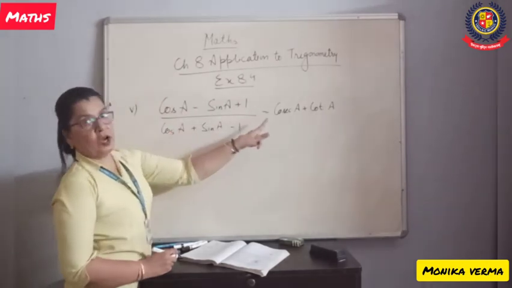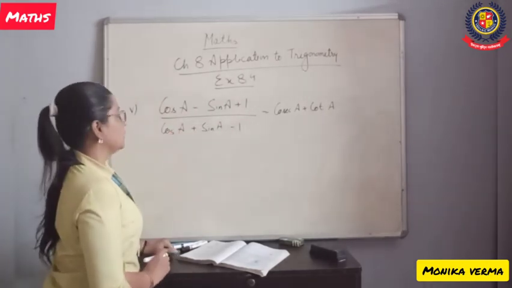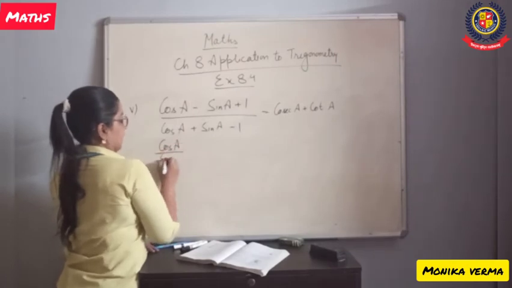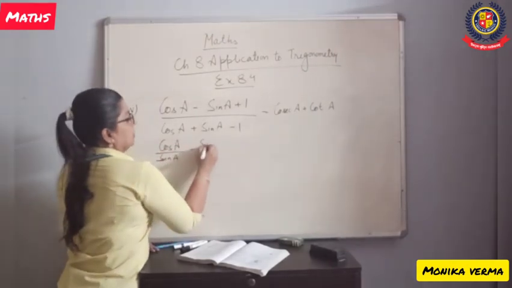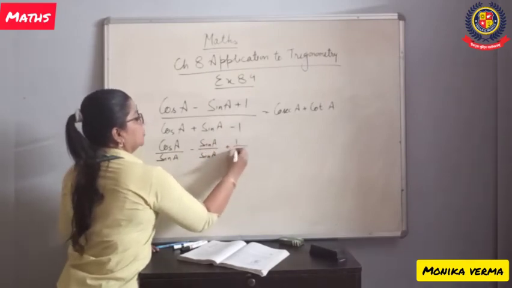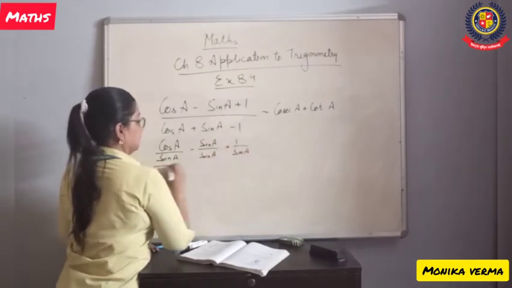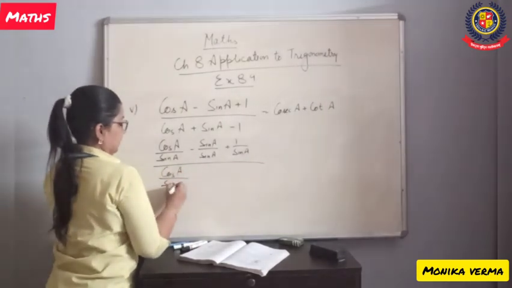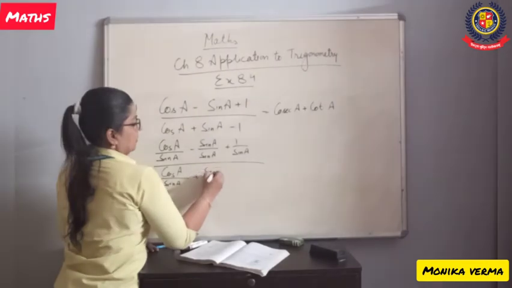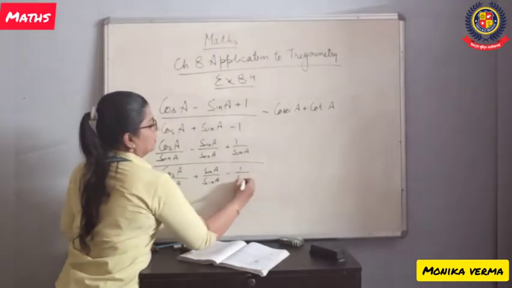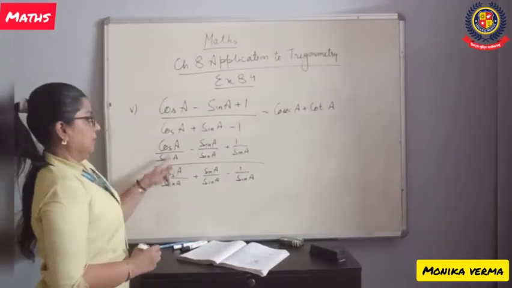First we will change cos and sin into cosecant and cot, so we will divide by sin. Cos A by sin A, minus sin A by sin A plus 1 by sin A, upon cos A by sin A, plus sin A by sin A minus 1 upon sin A. We will solve it now.